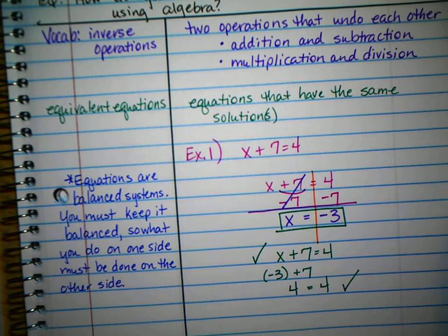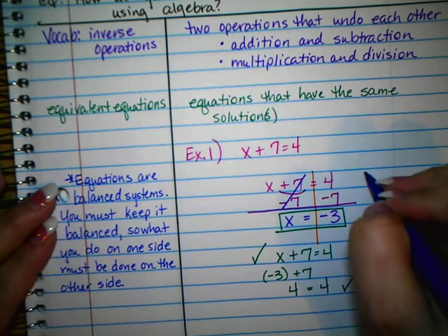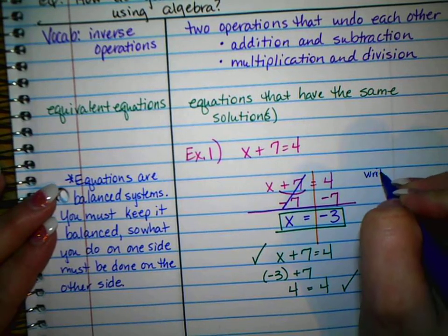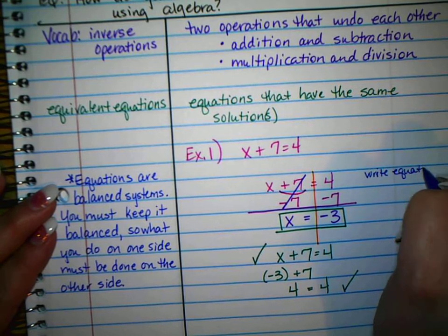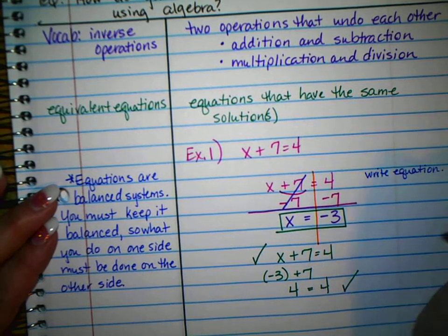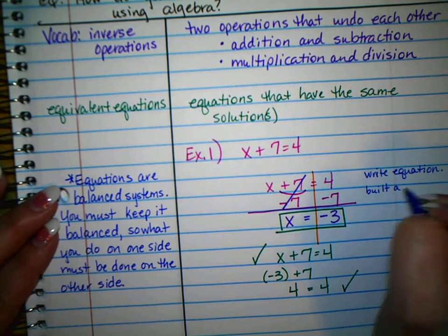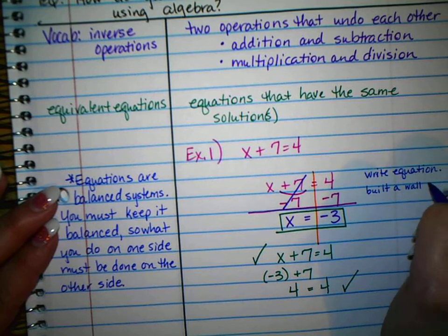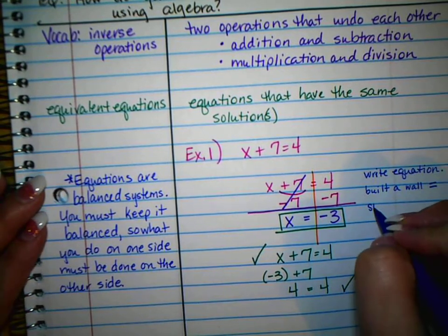Now let's go back and look at what we did. We wrote the equation. Actually, we rewrote it, didn't we? Then we built a wall at the equal sign. Then I showed my steps.